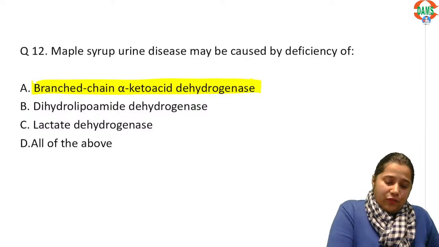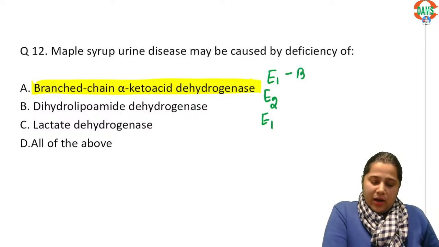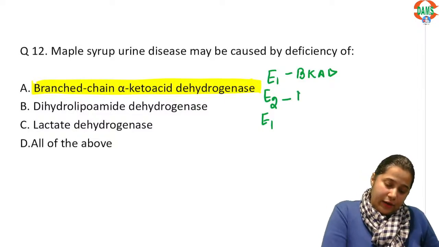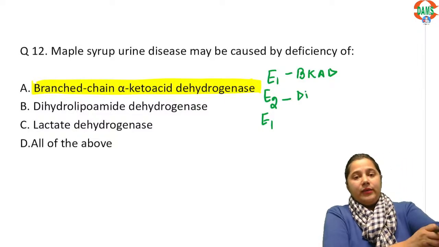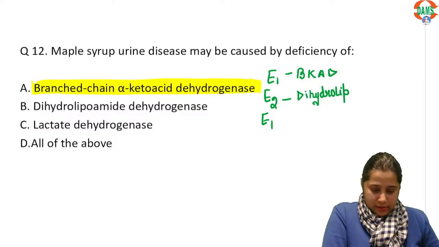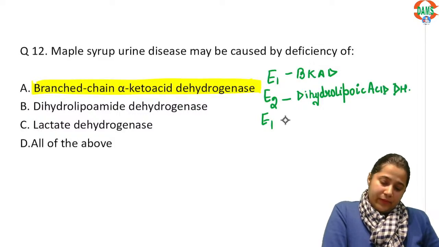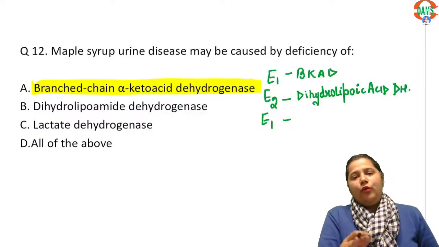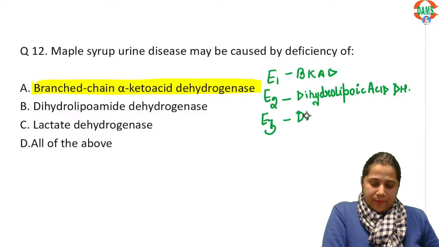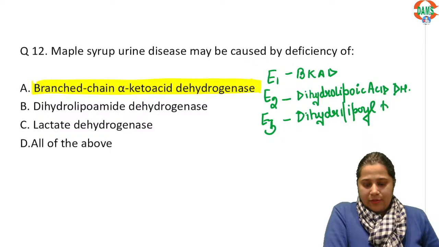This enzyme is further made of E1, E2, E3, where E1 is branched chain keto acid dehydrogenase, E2 is dihydrolipoyl transacylase, and E3 is dihydrolipoic acid dehydrogenase.